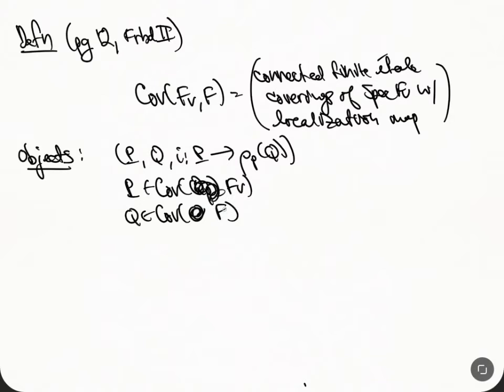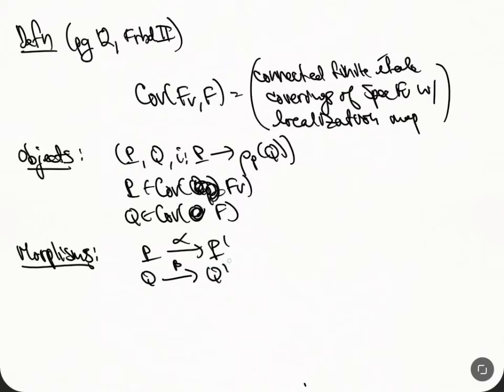Okay, so then the morphisms. These are morphisms of covers, alpha from P to P prime and beta from Q to Q prime, so they're pairs like this, such that, and then I'm just going to draw a diagram.